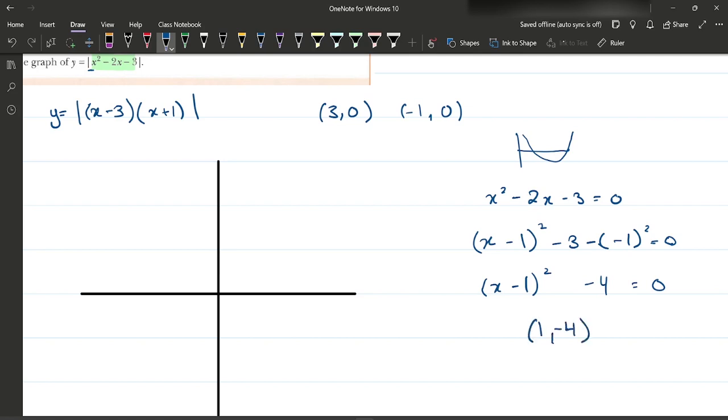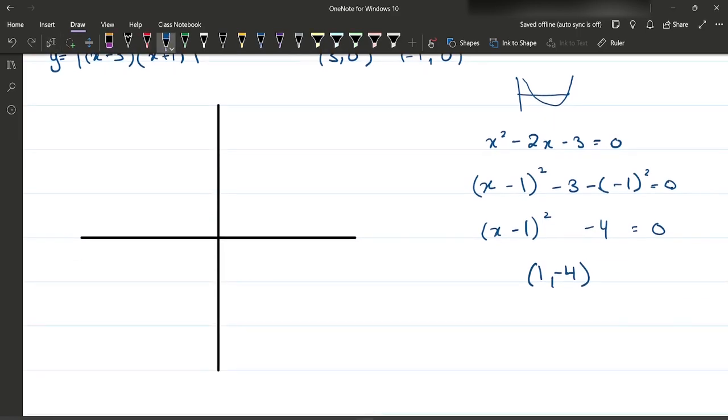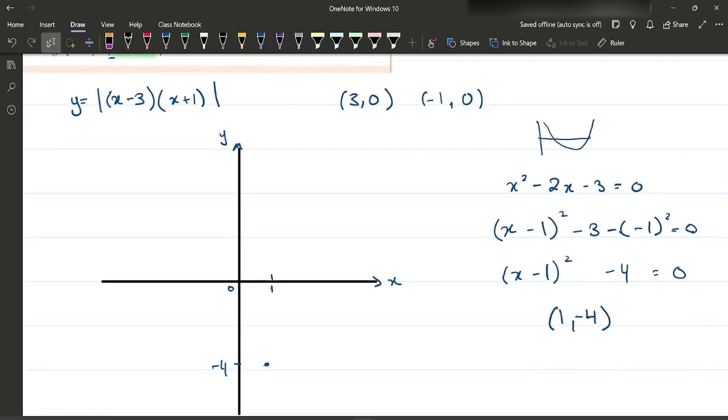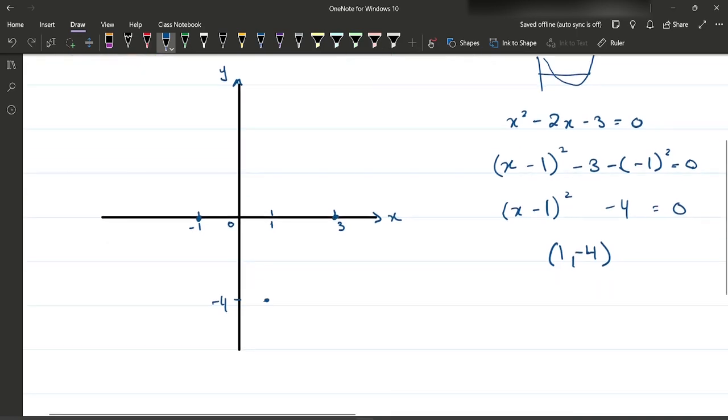Okay, so 1 is our x, so this could be like 1. Forgot to label it. You should always label. And then this could be minus 4. So this seems okay. And then we could have our roots being 3 and minus 1 here, so we could have this and this.